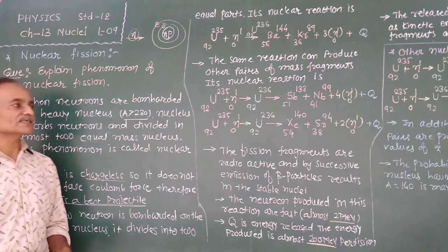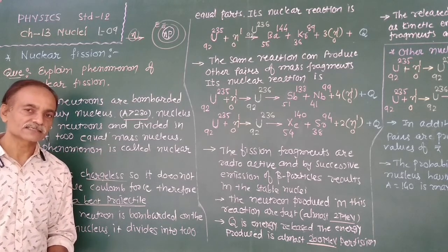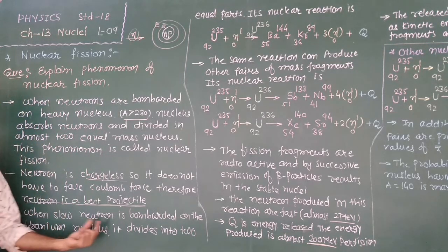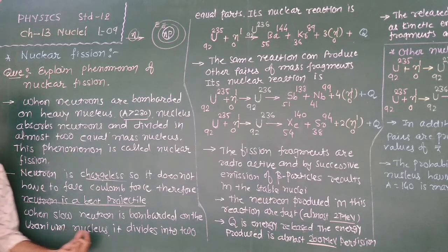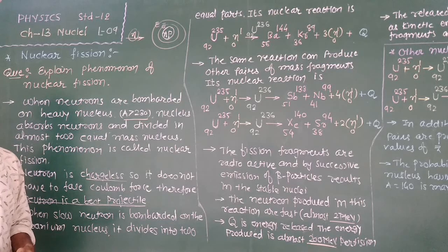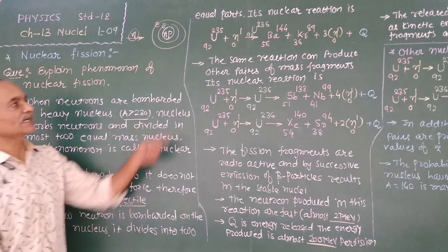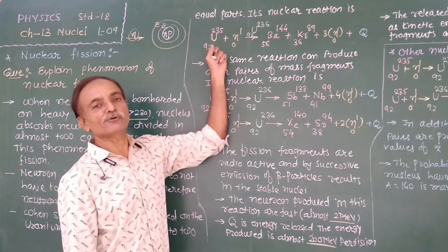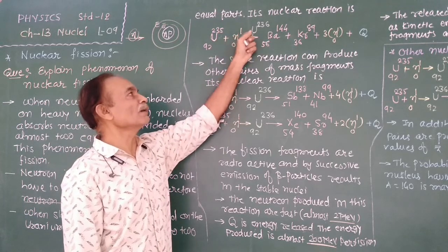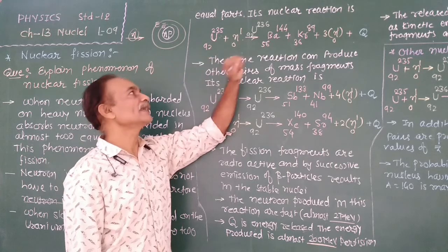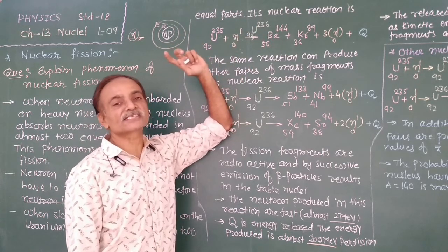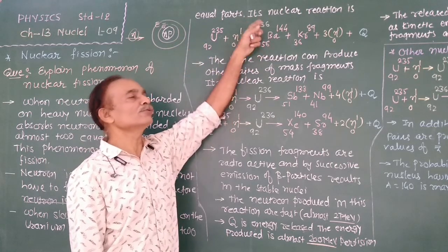Now, how does nuclear fission take place? When a slow neutron is bombarded on the heavy nucleus of uranium, it divides into 2 nearly equal parts. The nuclear reaction is: uranium-92-235, when the neutron is bombarded, absorbs the neutron and becomes the unstable uranium nucleus 92-236.